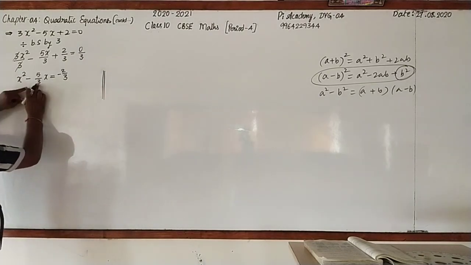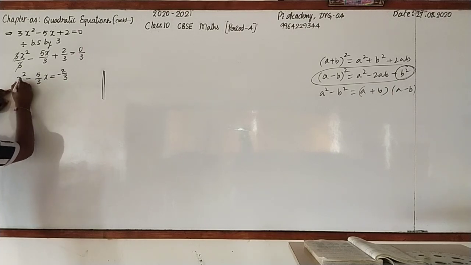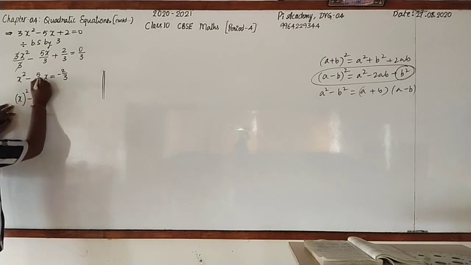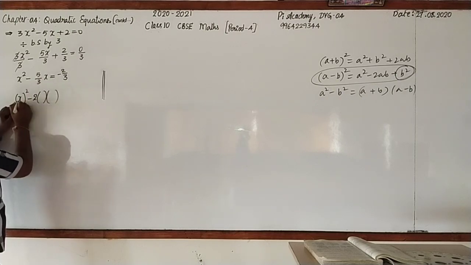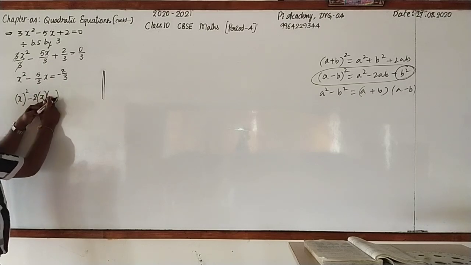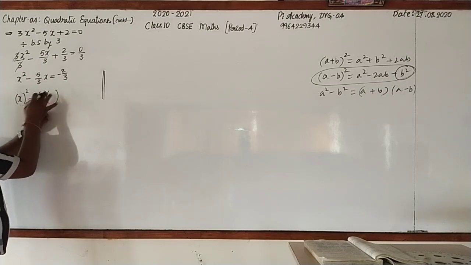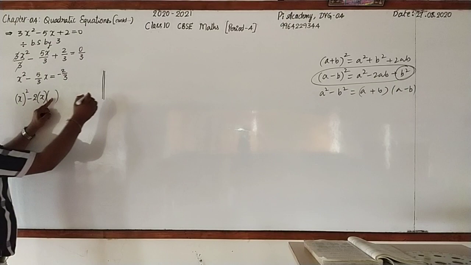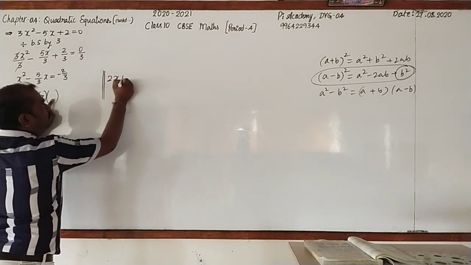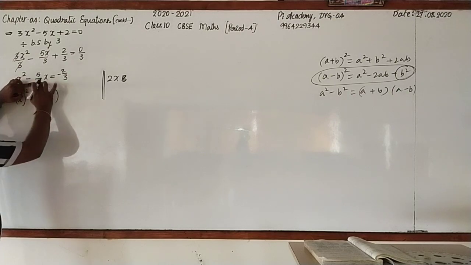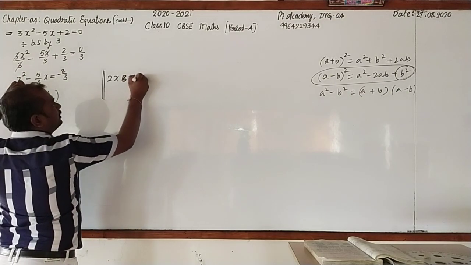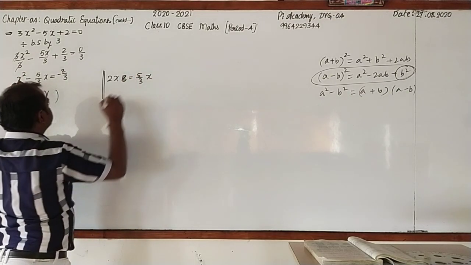Look here. This can be written as x whole square, like a square, minus, it should be written in the form of 2ab. 2 into a is x. Do you know b? It is unknown. This whole term is 2ab. 2 into x into, for your reference I am writing it as capital B. And this 2ab is equal to 5 by 3 x.